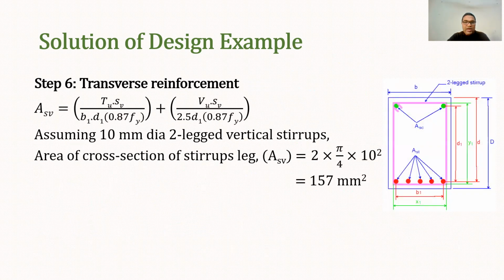Also, we are required to find out the value of B1. Here you can see B1 is the center to center distance. Generally this value is 50 mm, this is the effective cover.